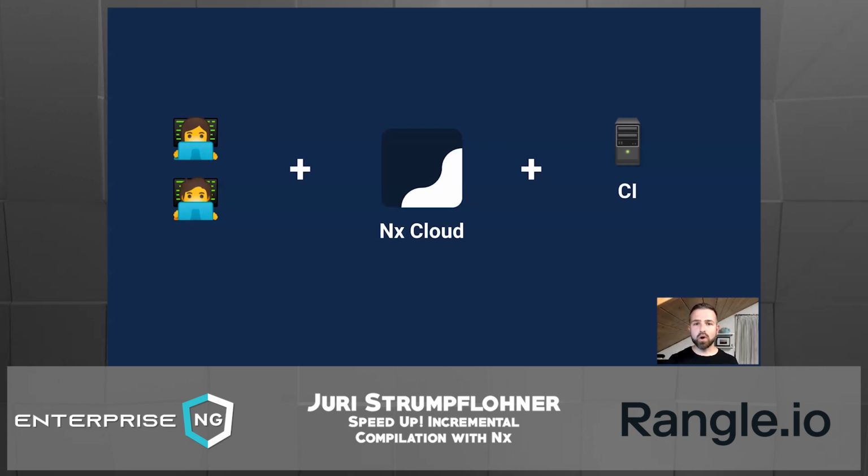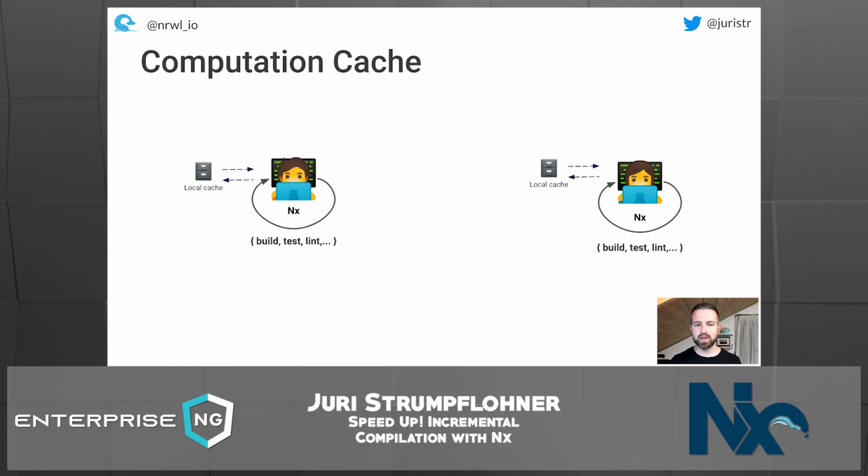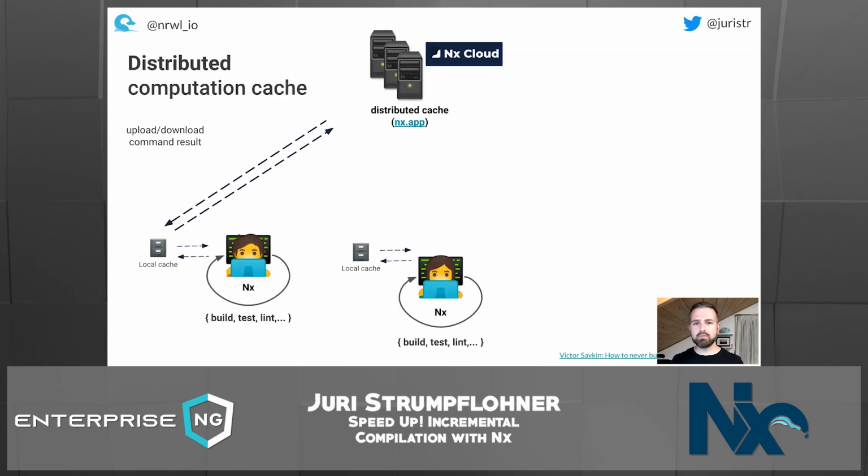It gets even more interesting if we now distribute that, because as we have said just now, those caching results are just local to each developer. And so they are locally in your node modules folder, and you can benefit from what you executed, but you cannot really benefit from what your teammate executed. And so this gets much more powerful if we wire in NX Cloud.